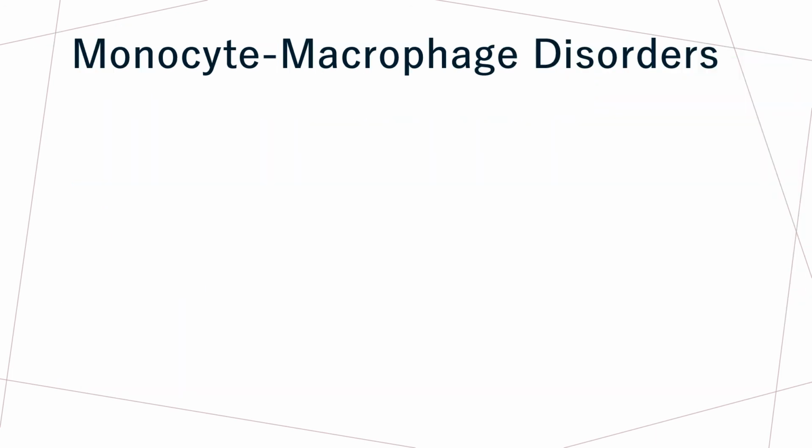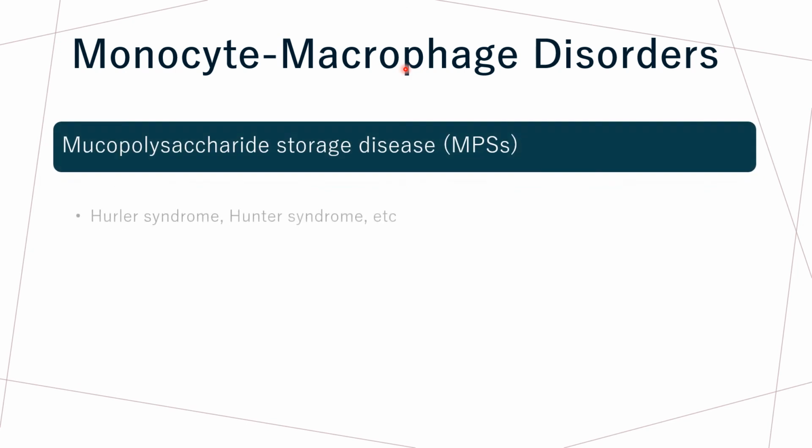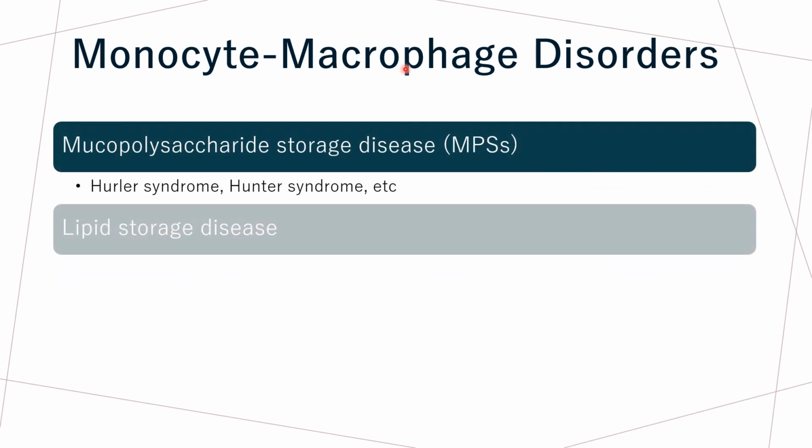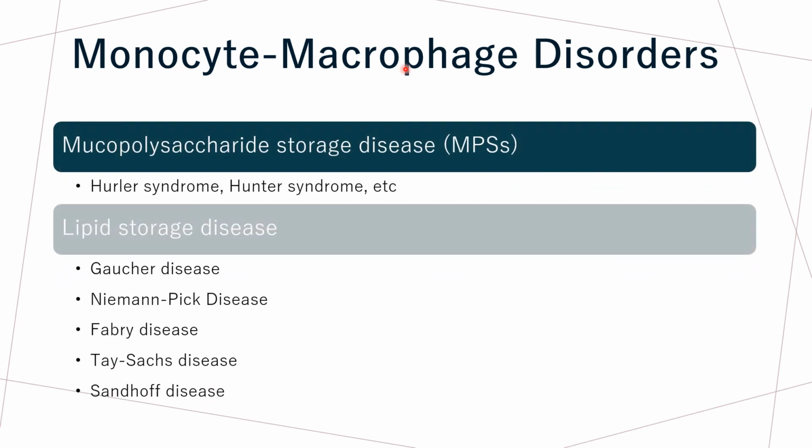The pathologic qualitative abnormalities of monocytes and macrophages are lysosomal storage diseases, and these can be subdivided into the MPS and the lipid storage diseases. The MPS, or the mucopolysaccharide storage diseases, also called the mucopolysaccharidoses, are a family of inherited disorders.